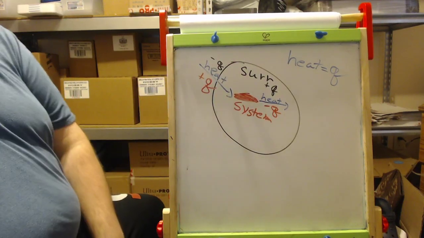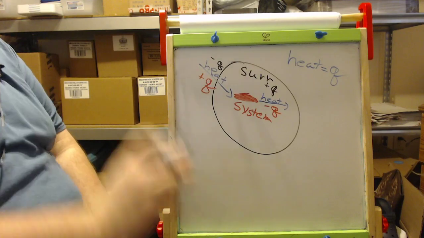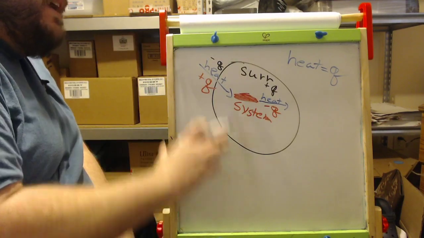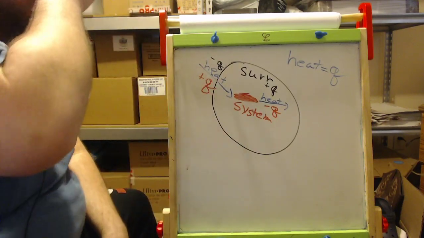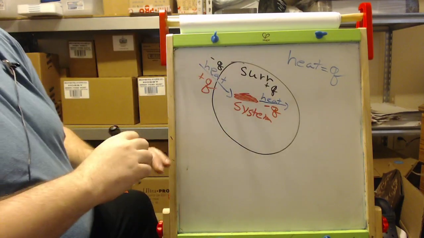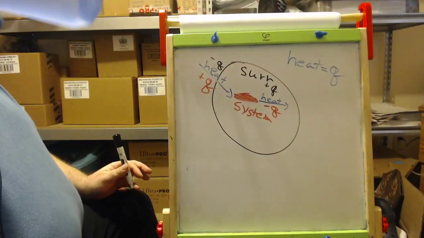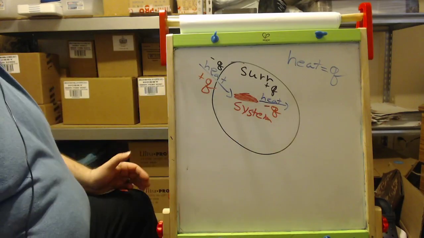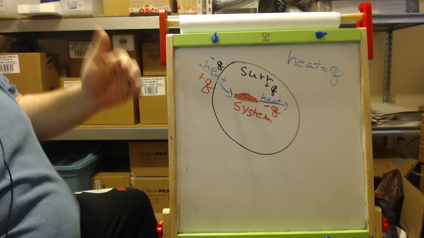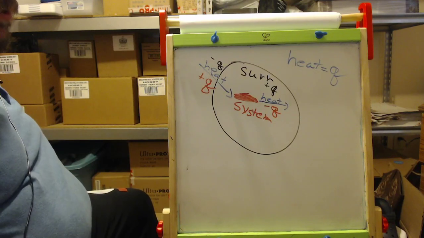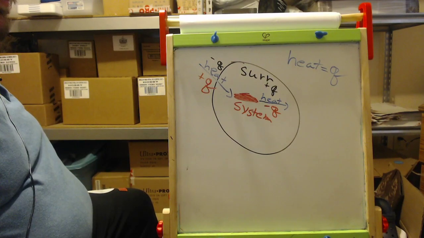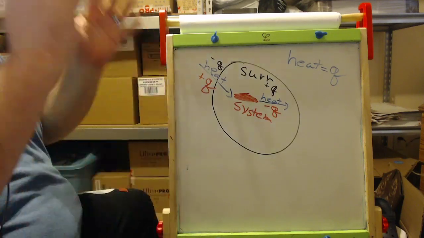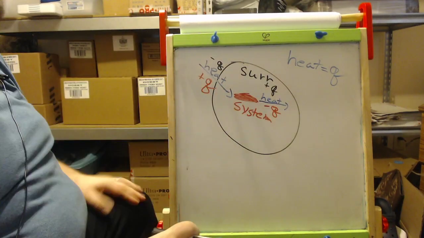Now, I can't stress this enough. Negative Q and positive Q, positive and negative mean direction. It doesn't mean below zero. So if I look up something and it tells me the system has negative 300 joules of energy, that just means that my system is losing 300 joules of energy.